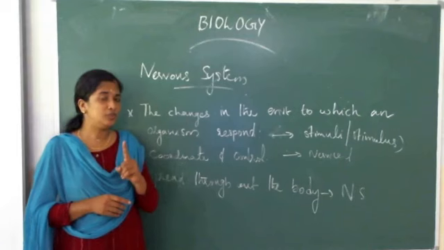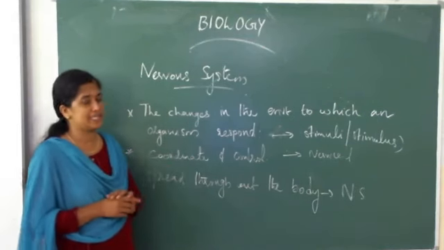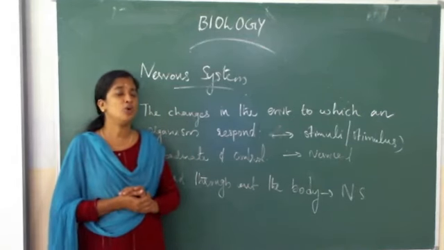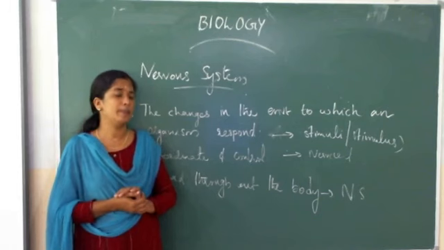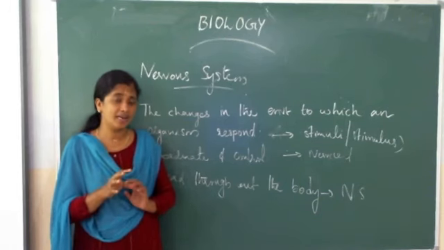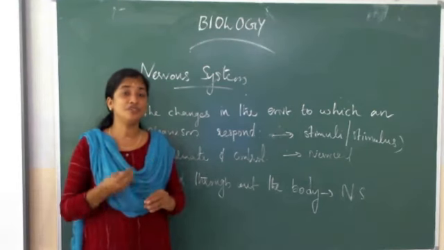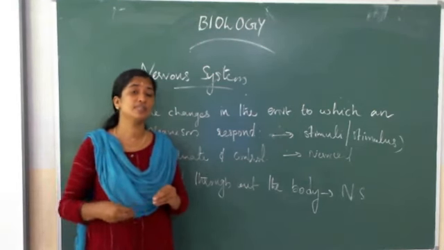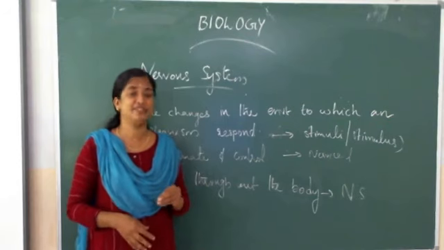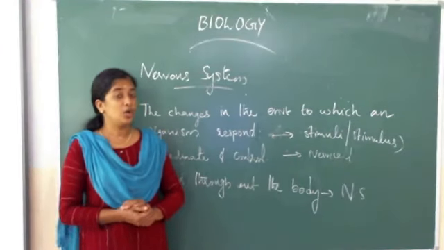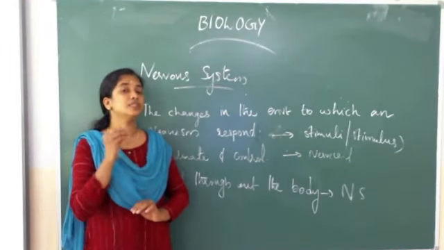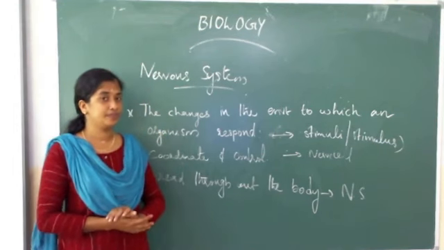Then I told one term, that is coordination. For coordination, I will tell one example. When you feel hungry, you will eat food. The act of eating food involves a number of activities. Your eyes look at the food, where the food is placed.